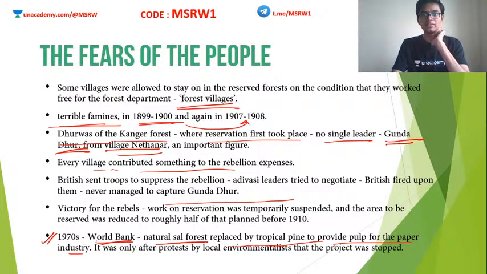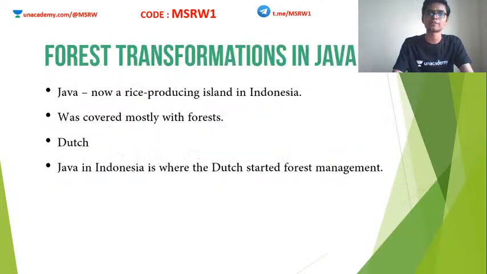But when people went there to cut down these trees, the local natives as well as the environmentalists objected. They stopped this project. So we see that in many occurrences, these kinds of non-eco-friendly projects which are harmful to the forest were actually stopped by the local community along with forest enthusiasts or environmentalists. Clear? This is the case in India.